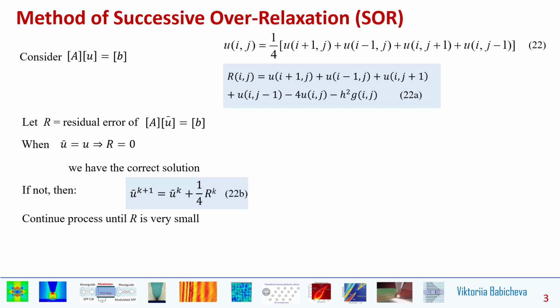The term on the right-hand side can be regarded as a correction term, and the value of the residual at the k-th iteration, denoted here as R^k at ij, can be regarded as a correction that must be added to u_ij to bring it near to the correct value.